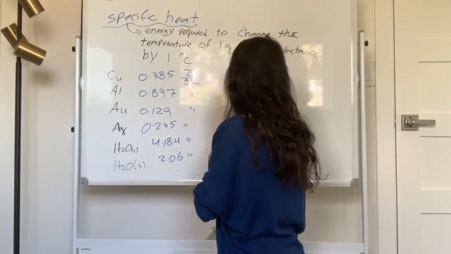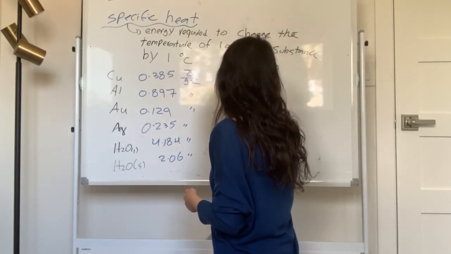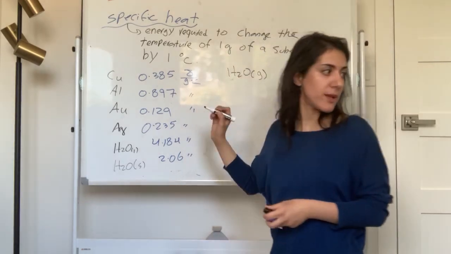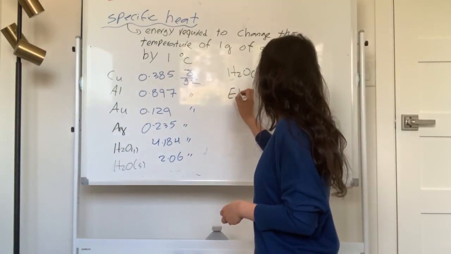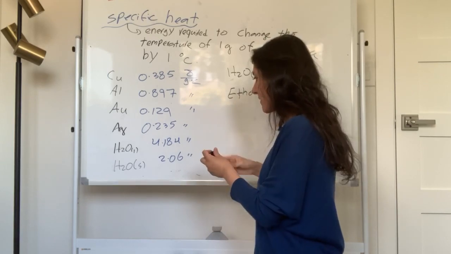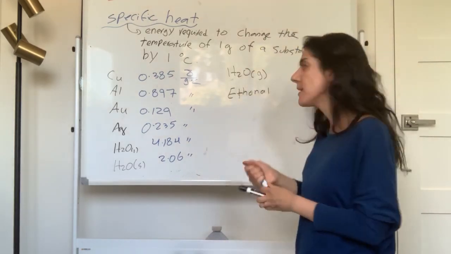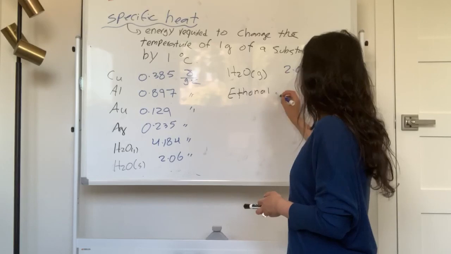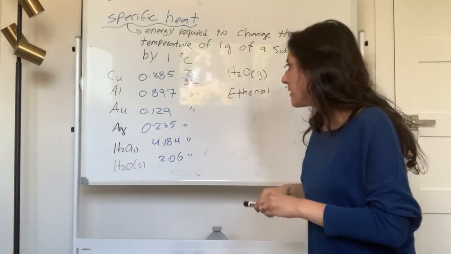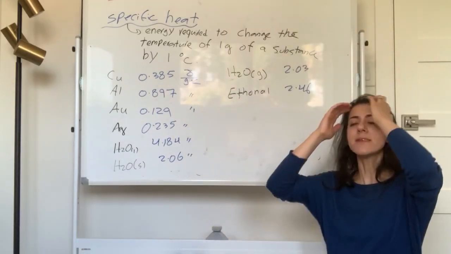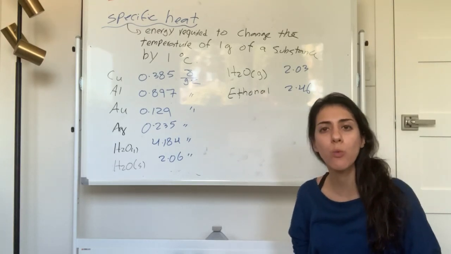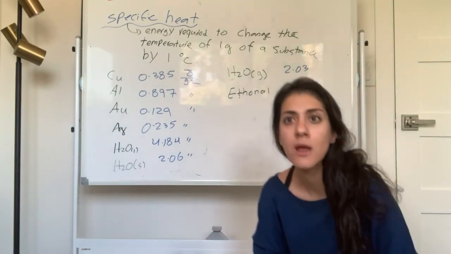Water gas is 2.03, and then the last one is ethanol, which is 2.46. Alright, so now what does this mean? That means how much energy you need to raise the temperature by 1 degree Celsius.